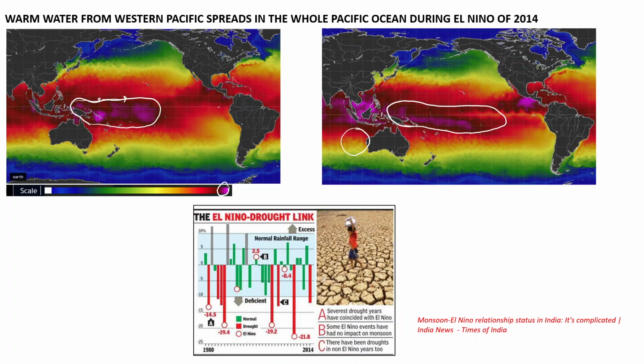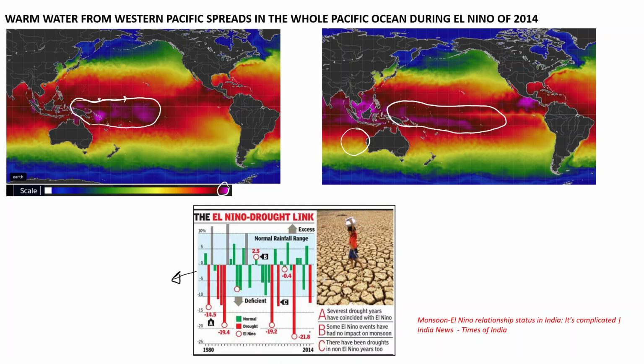If you see this relationship between the rainfall and El Nino, we can see by this plot that the severest drought years have coincided with the El Nino. Right from 1980 to 2014, we can see that normal rainfall is associated with La Nina or normal conditions, but severe drought conditions have been associated with the El Nino condition.